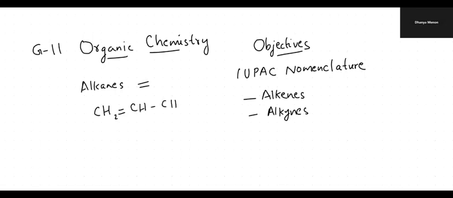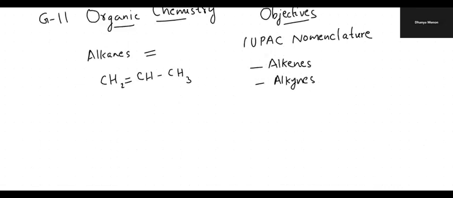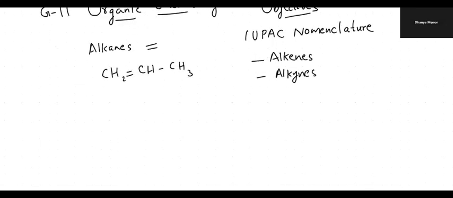This is a hydrocarbon with carbon-carbon double bond. Another example, CH2 double bond CH double bond CH2. This is also an example of a hydrocarbon having carbon-carbon double bond.